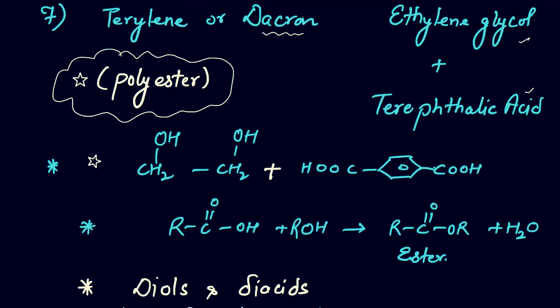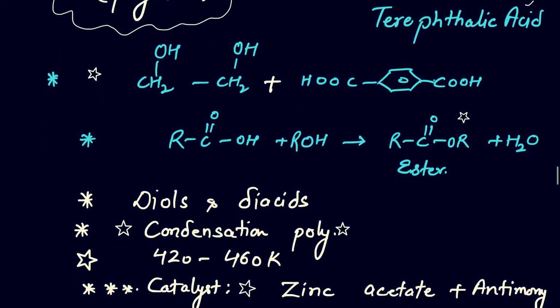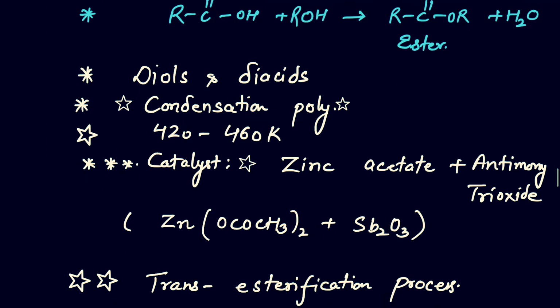So we have studied in organic chemistry that whenever a carboxylic acid reacts with an alcohol, it forms ester plus water. So Dacron is a polyester. It is a combination of diols and diacids. It is an example of condensation polymer.